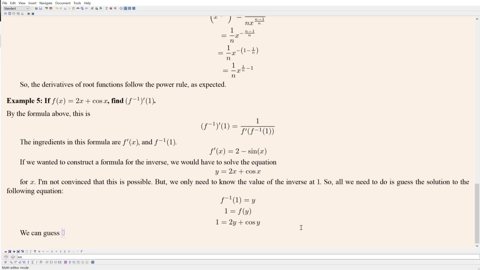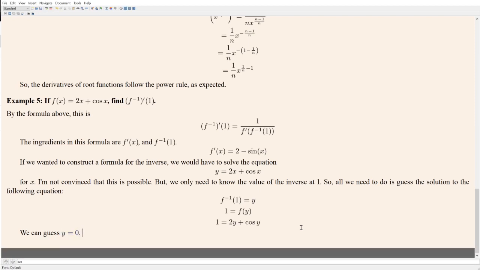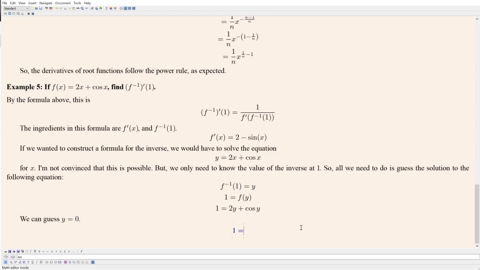Well, if this is a problem that appeared in a book, then you can feel fairly confident that the answer is going to be something that's easily guessable. So let's try, for instance, y equals 0. That's easy enough. Is that a solution to this equation?